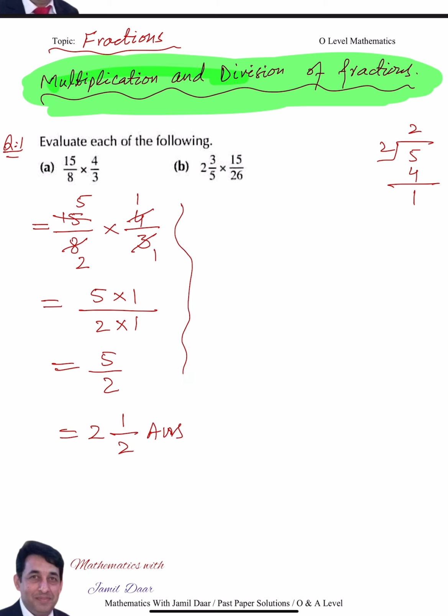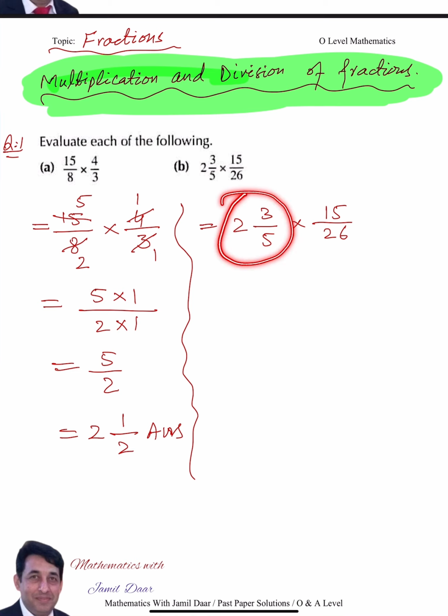Okay, if we think about the second fraction, this is equal to 2 whole 3 by 5 into 15 by 26. So before doing anything, we have to change them into fractions. This is a mixed number, so we have to change it into a fraction first.